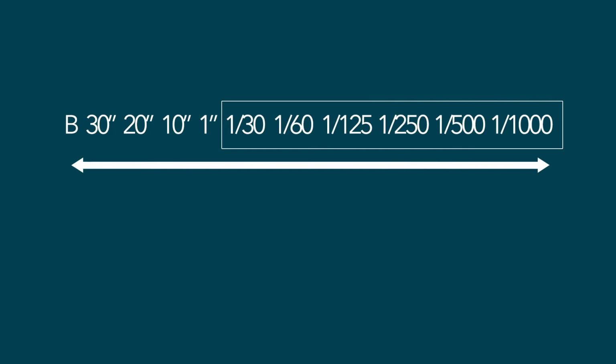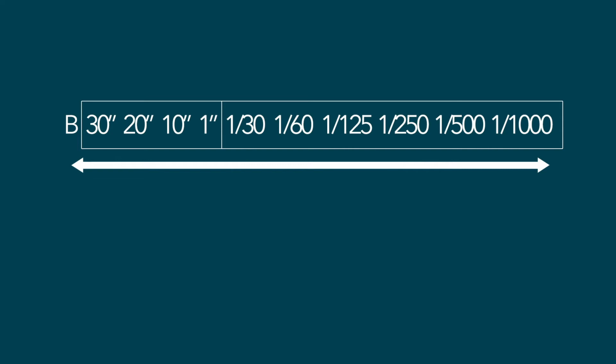As we look down the scale, we can see that the numbers are represented with an inverted comma. This inverted comma means a whole second. 1 second in most photography would be considered a very long exposure. However, in some low light conditions, they might involve shutter speeds as long as 30 seconds.